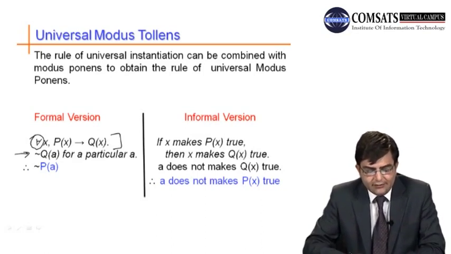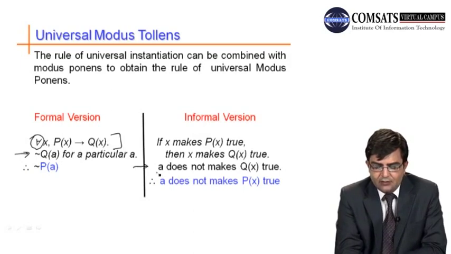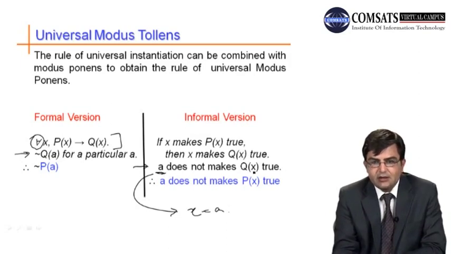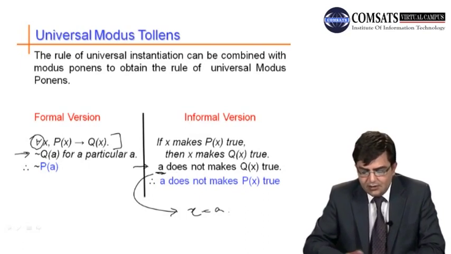Informally, if any x which makes p of x true makes q of x true for all x, and we take the particular value x equal to a, then if a doesn't make q of x true, obviously a doesn't make p of x true.